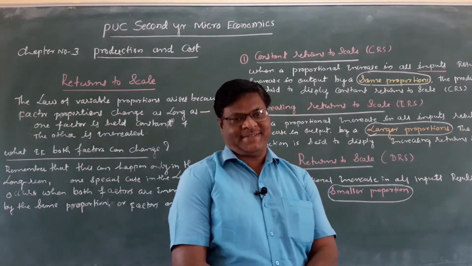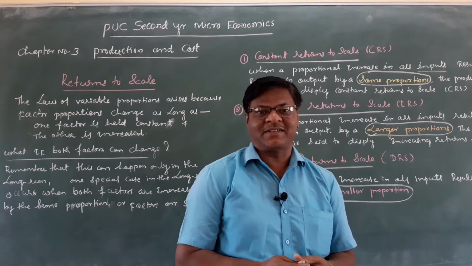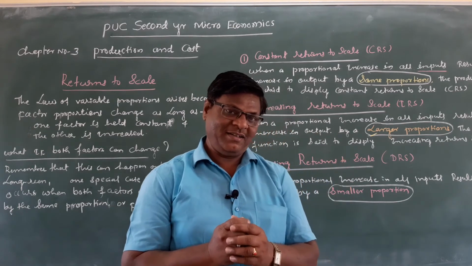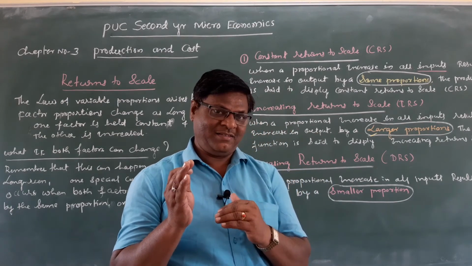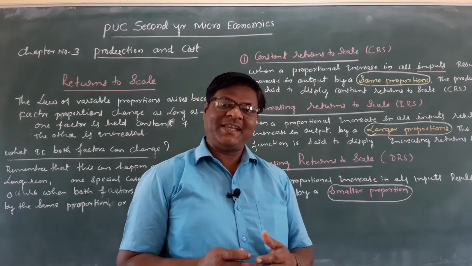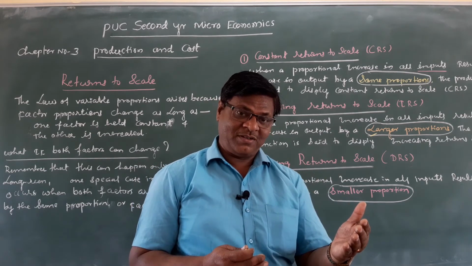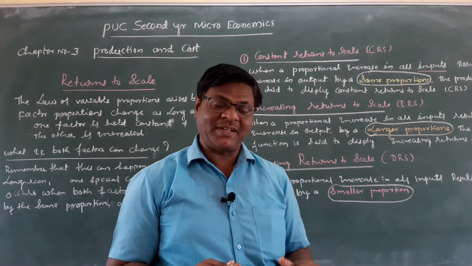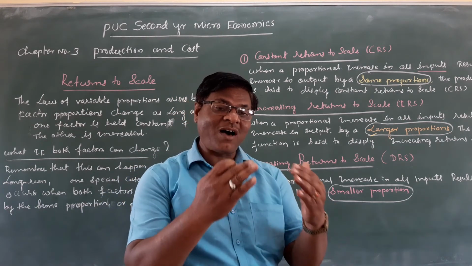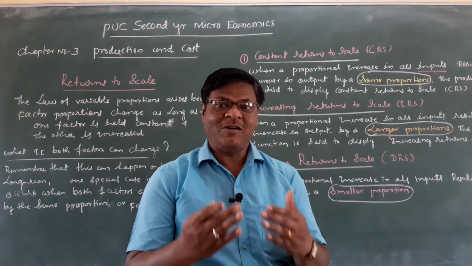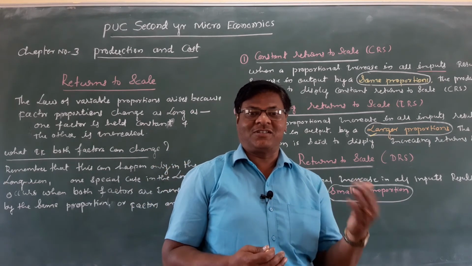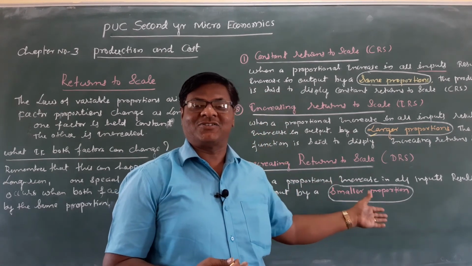And the last one is decreasing returns to scale. What is decreasing returns to scale? DRS. When a proportional increase in all the inputs results in the output increasing by a smaller proportion, then the production function is said to display decreasing returns to scale.